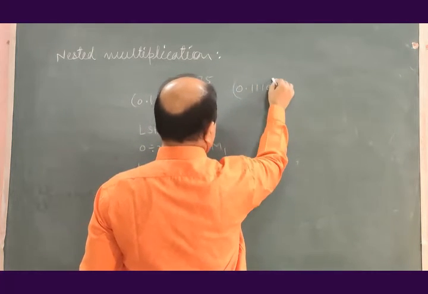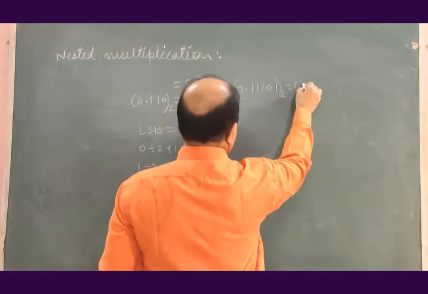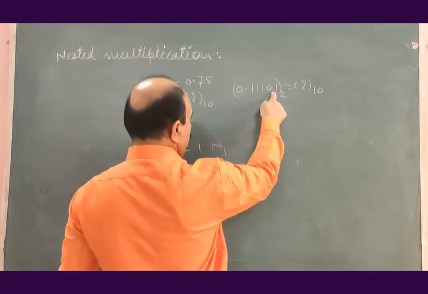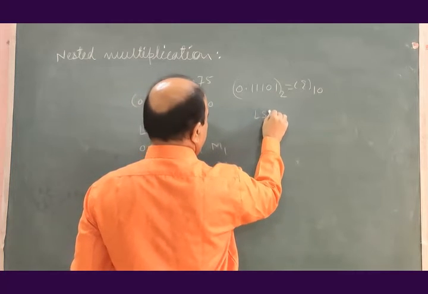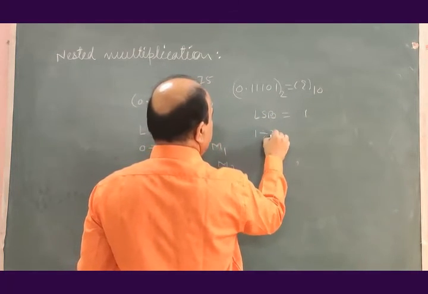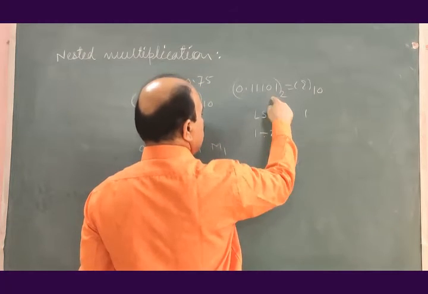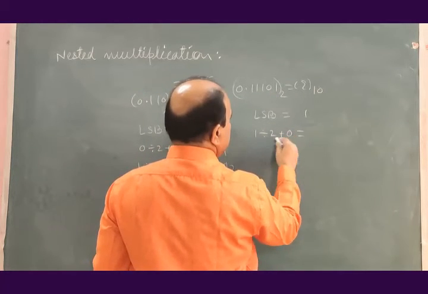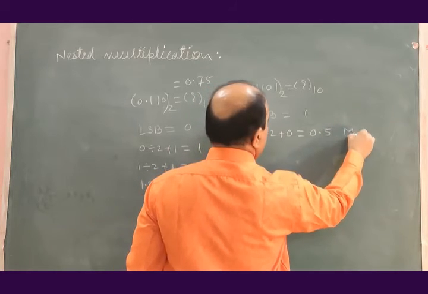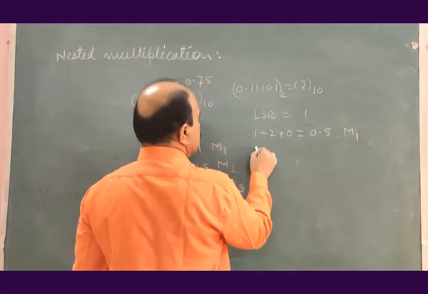0.1101. Convert this to decimal. Let us start from LSB. LSB is equal to 1 divided by 2 plus second LSB, that is simply 0.5. You may note this as M1.